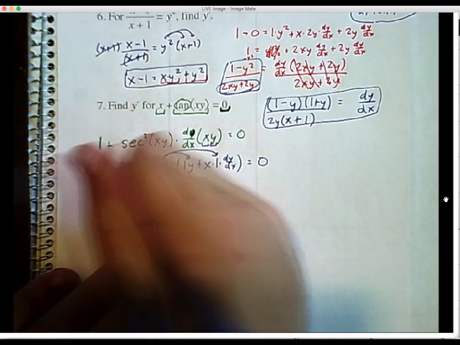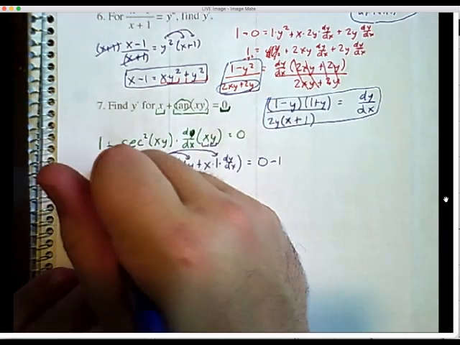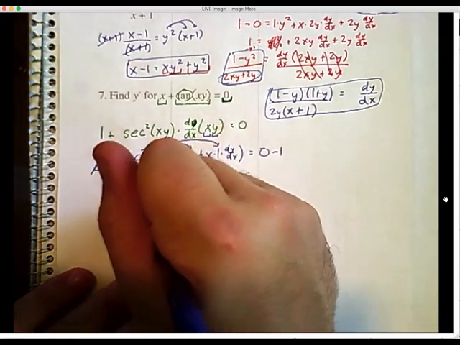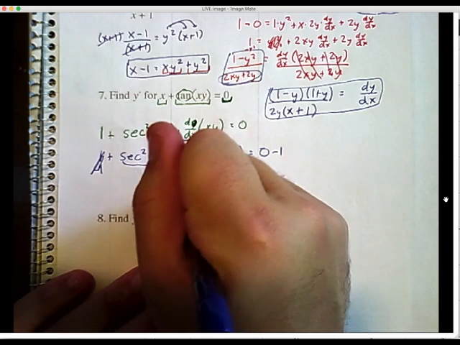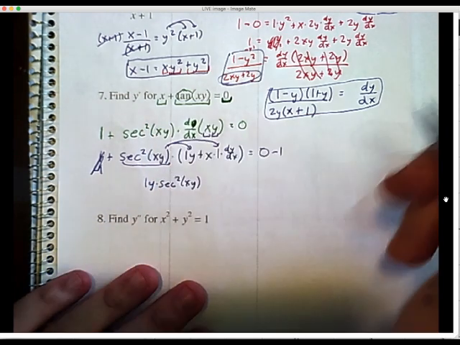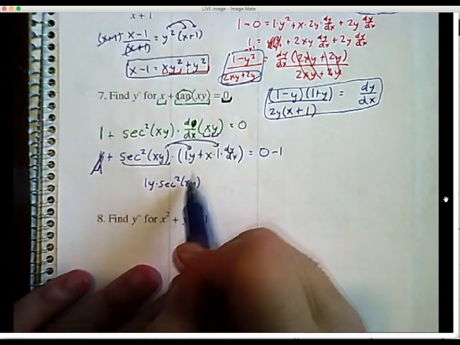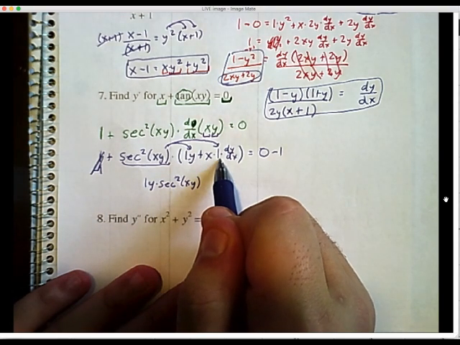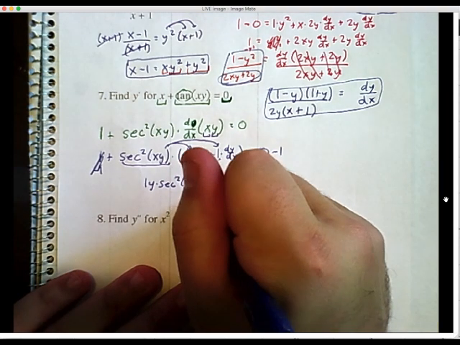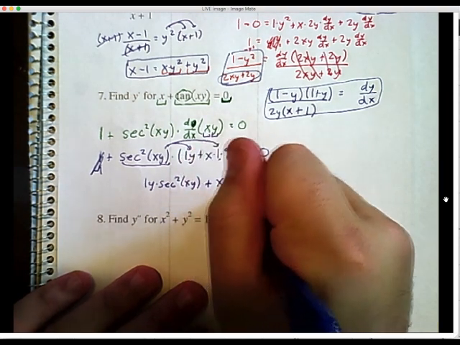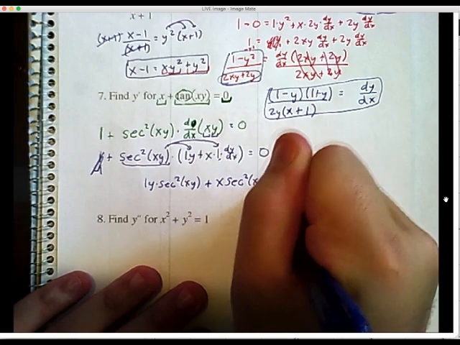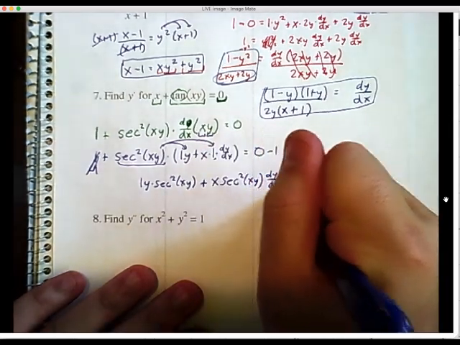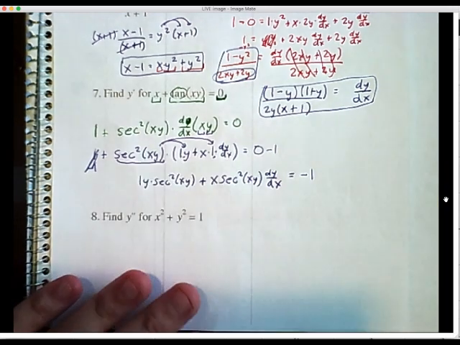I could subtract 1 from both sides right away to make the problem a little nicer. So if I distribute that out, I get 1y times the secant squared of xy. I'm just distributing, but I'm putting the 1y first. x times 1 is x, so this would be plus x secant squared of xy, but it's also got a dy over dx. And 0 minus 1 is negative 1.